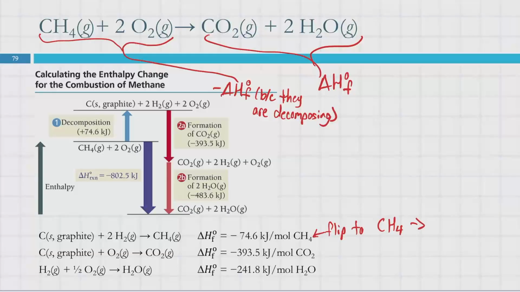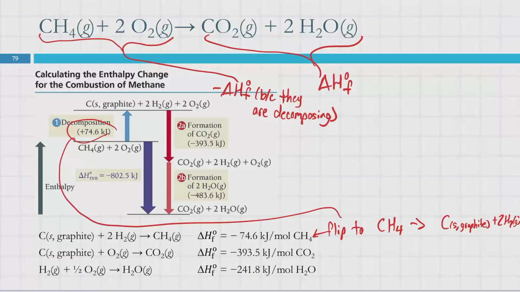So we'd flip that to CH4 going to carbon, solid graphite, plus 2H2 gas, and that's where we get this positive 74.6 kilojoules.